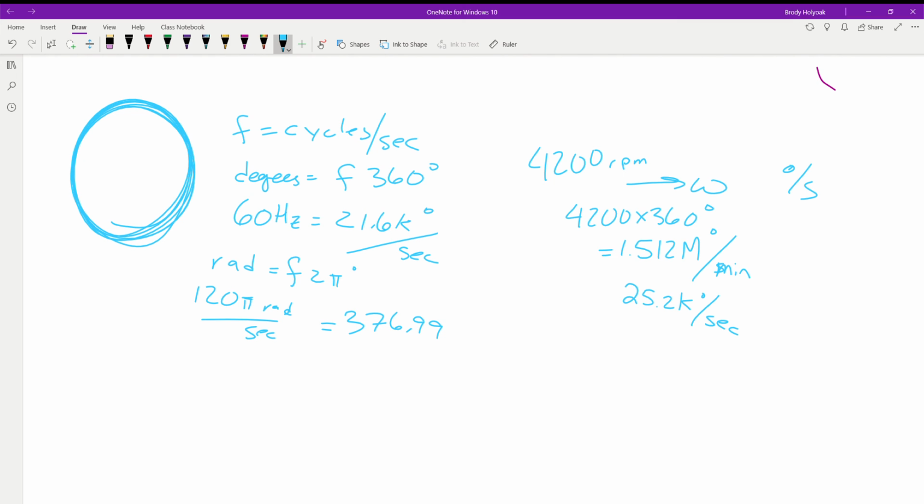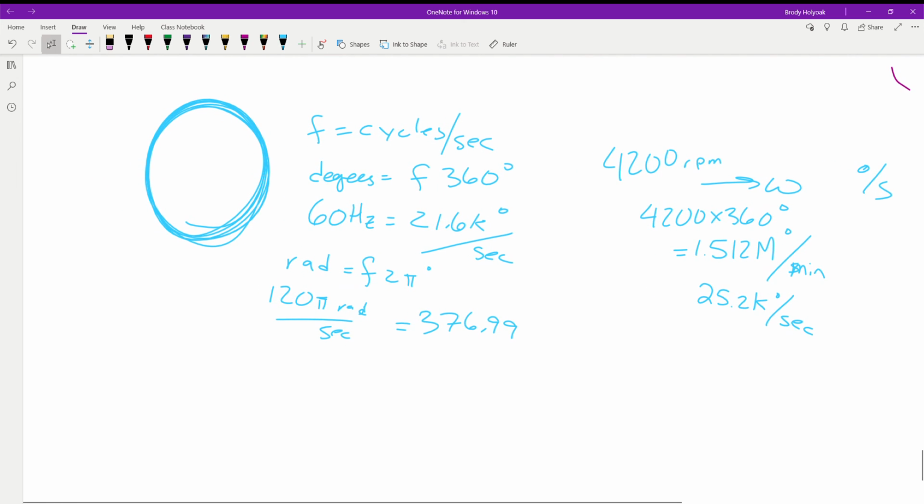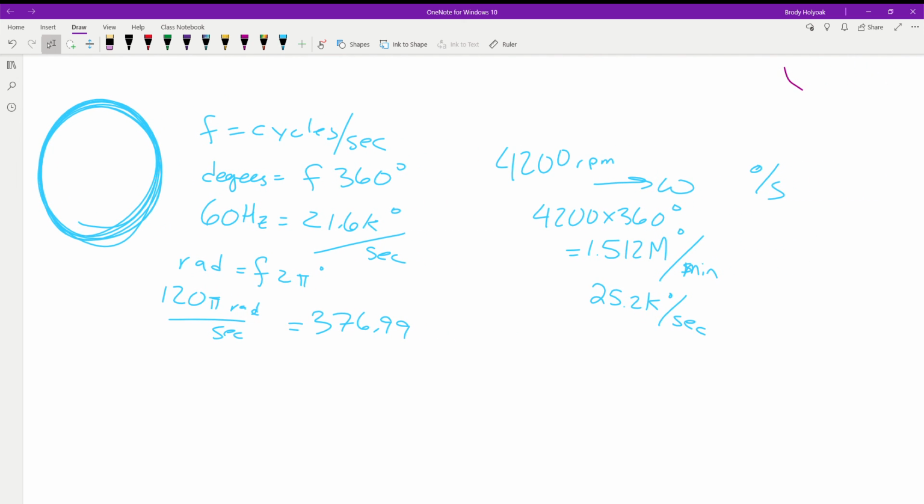So that's the tricky thing. You're not going to see this style on the test, but I'm showing you it's the same idea. You've got something moving around at 4,200 rotations per minute. We want that down into a frequency, which is number of times per second. So we divide our answer by 60, multiply it by 360, and then we end up with this total value of degrees per second. That's all we want to know with angular velocities.